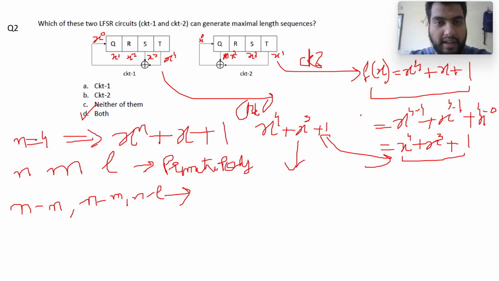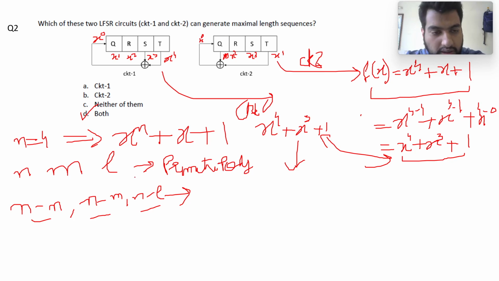So I'll just repeat here. We know that for n equal to 4, the primitive polynomial is of the form x raised power n plus x plus 1. And also if the tapping is done at the points n, l, m, then n minus n, n minus m and n minus l are also primitive polynomials. You know that for primitive polynomials there are two necessary conditions: the number of tappings should be even and the tappings should be co-prime, like here 4 and 3 and 4 and 1.